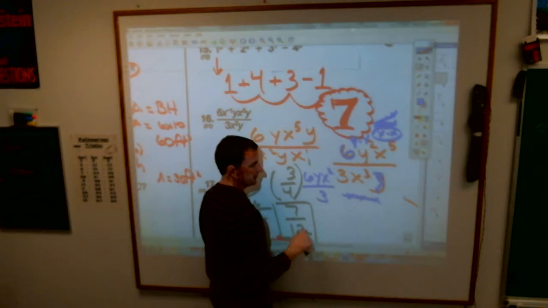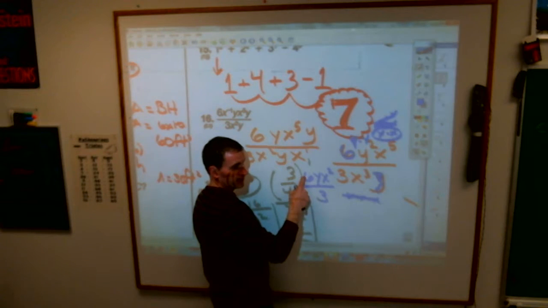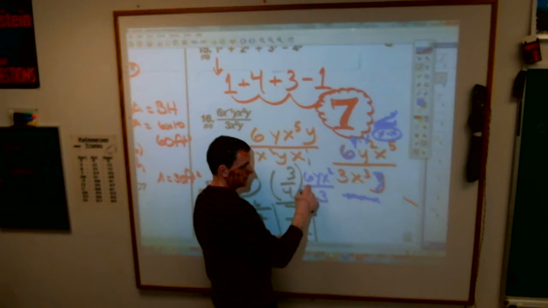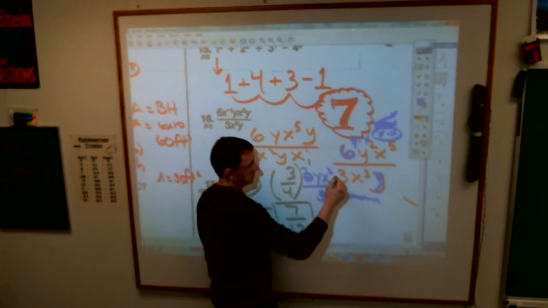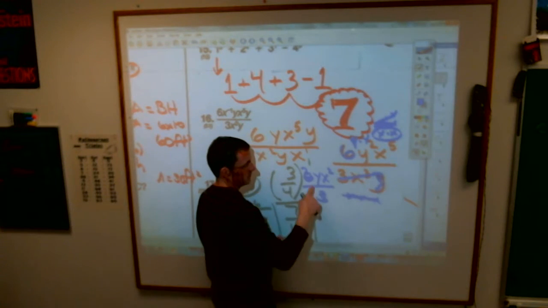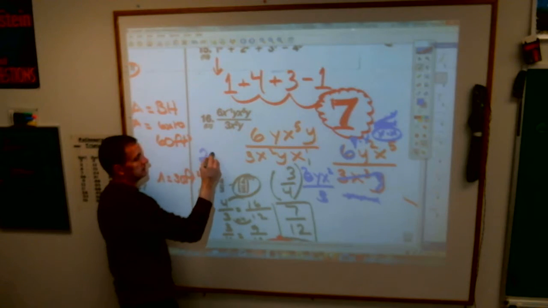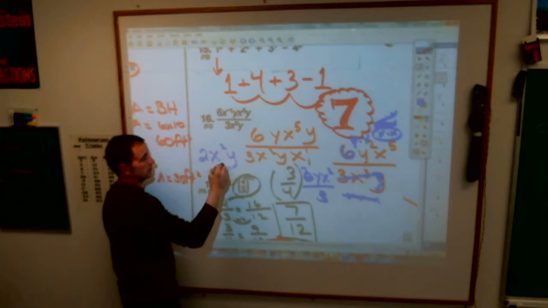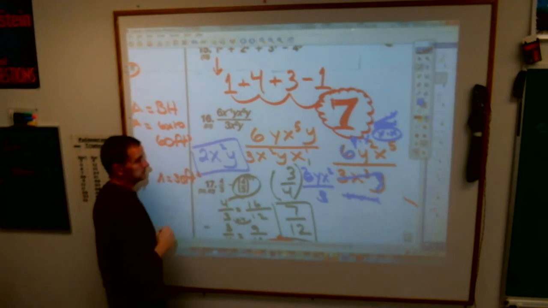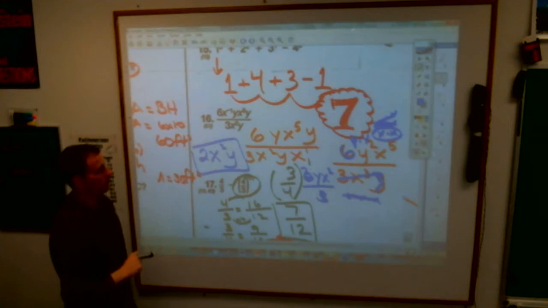A 3, but this 3 can cross off with that 6. What is 3 and the 6? 2. So everything on the bottom actually crossed off, and you're left with 2x squared y, or 2yx squared on top. 2x squared y.